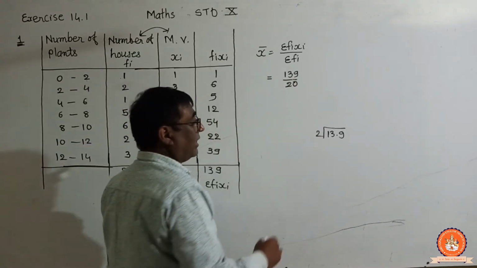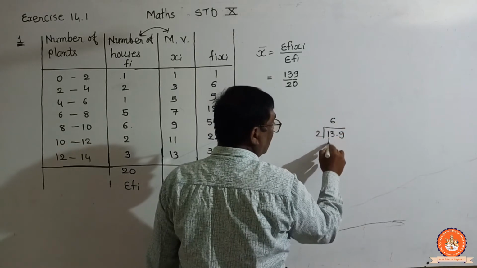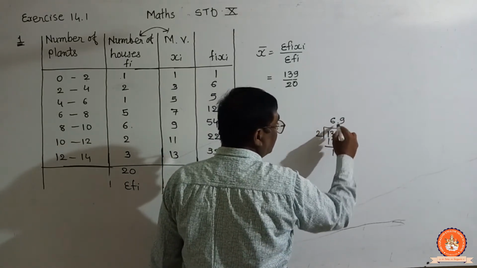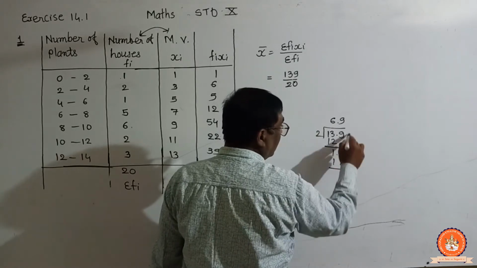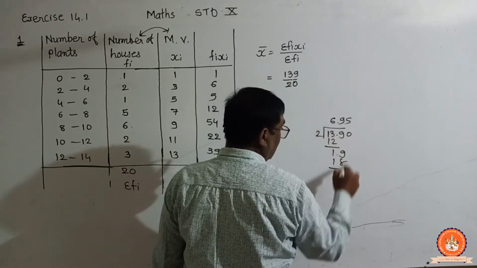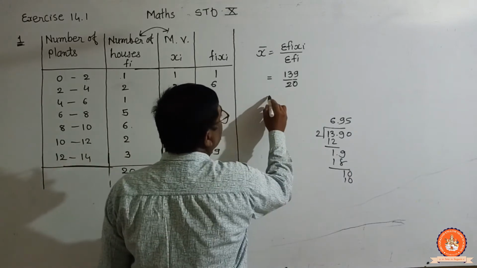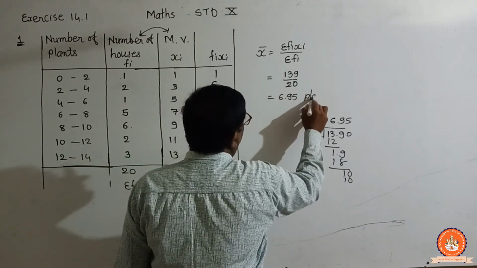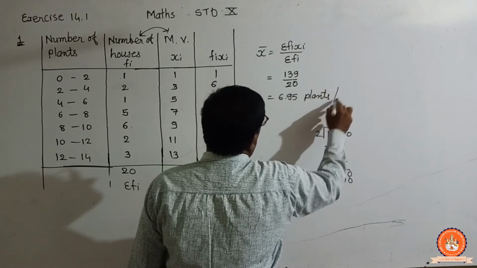So 13.9 by 2. 2 sixes are 12, 1 9, 2 nines are 18, 1 1, 2 fives are 10. So that is 6.95 plants per house.